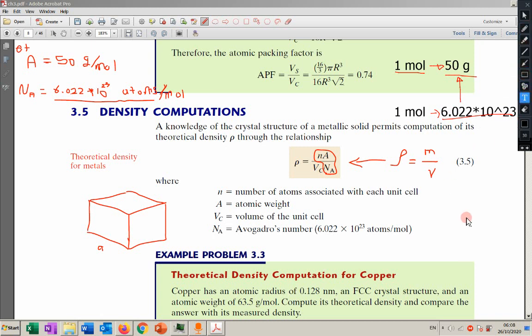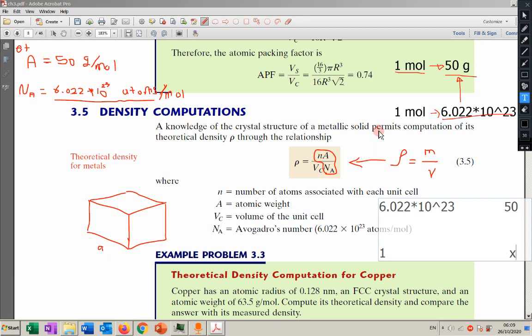We'll say, okay, now we got the point that if 6.022 times 10 to the power 23 atoms weigh 50 gram, then we need the weight of 1 atom, so we're going to put X here. Why? Because I need to know the weight of one atom.